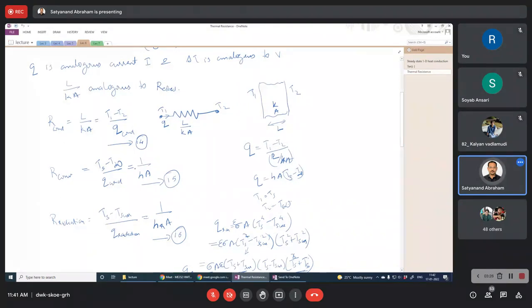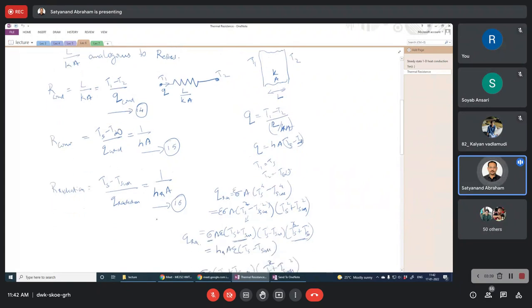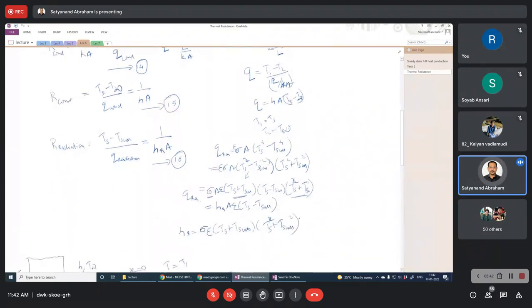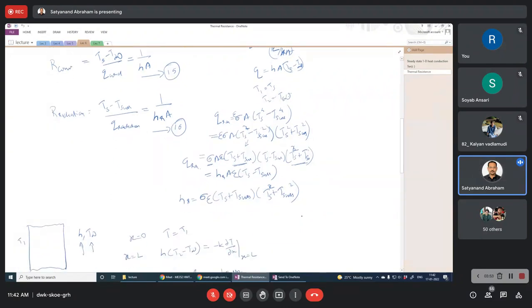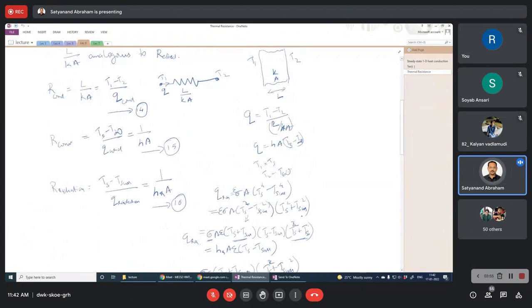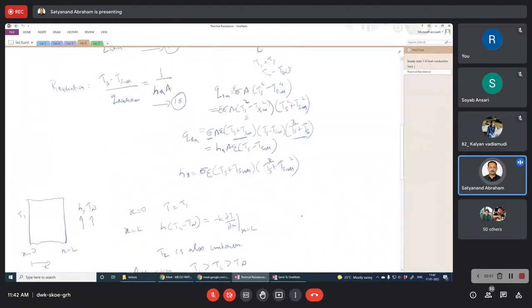For convection it is 1 by hA, and for radiation it is 1 by hR A, where hR is an effective heat transfer coefficient for radiation, which we derived, and we saw its value. That is okay for us. But we have some doubt about what happens if two kinds of resistance come in series.